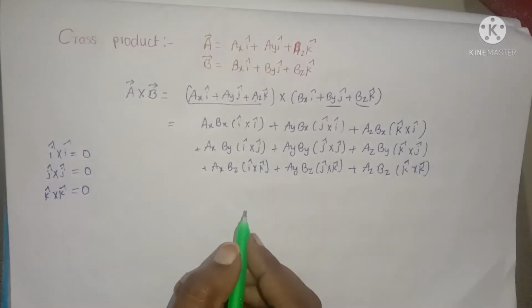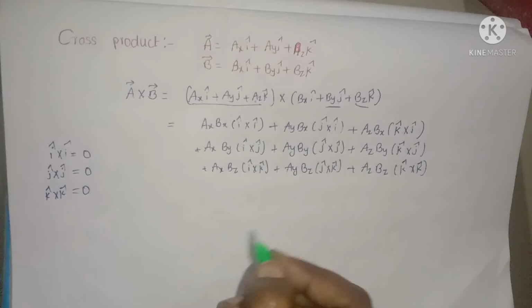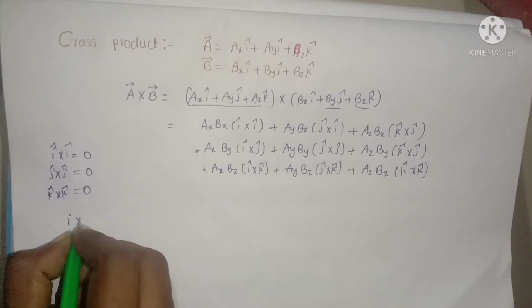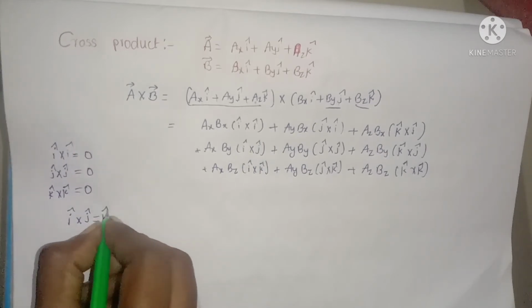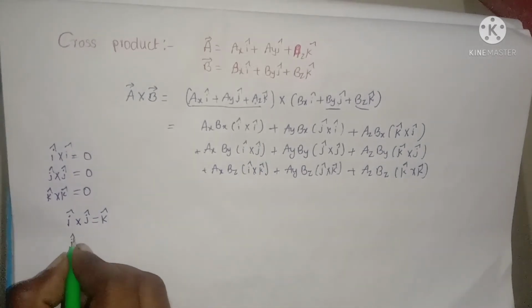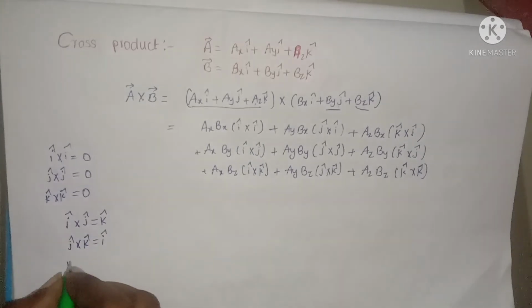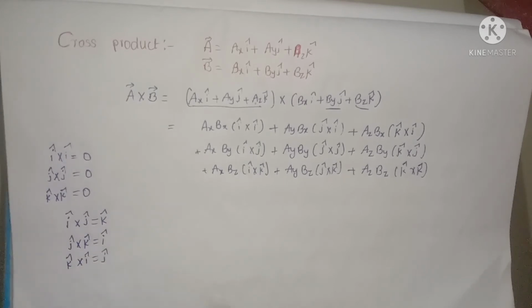Next one, when the unit vectors are in anti-clockwise direction, what are the values? i cap cross j cap equals k cap. j cross k equals i cap. k cross i equals j cap.